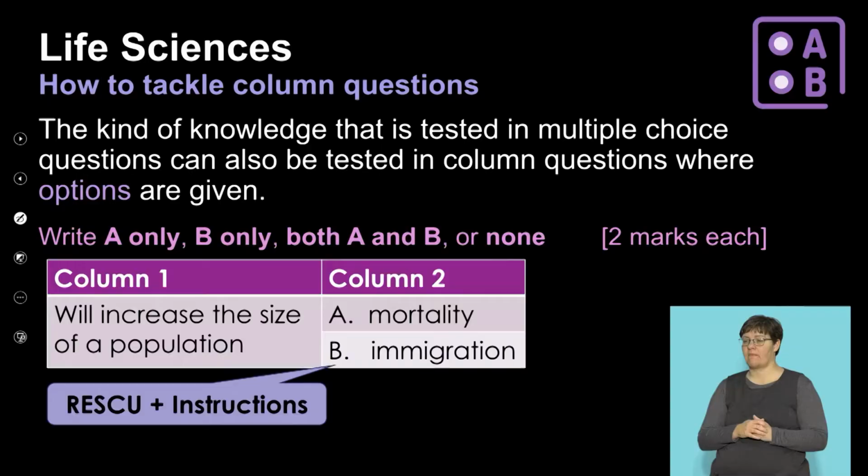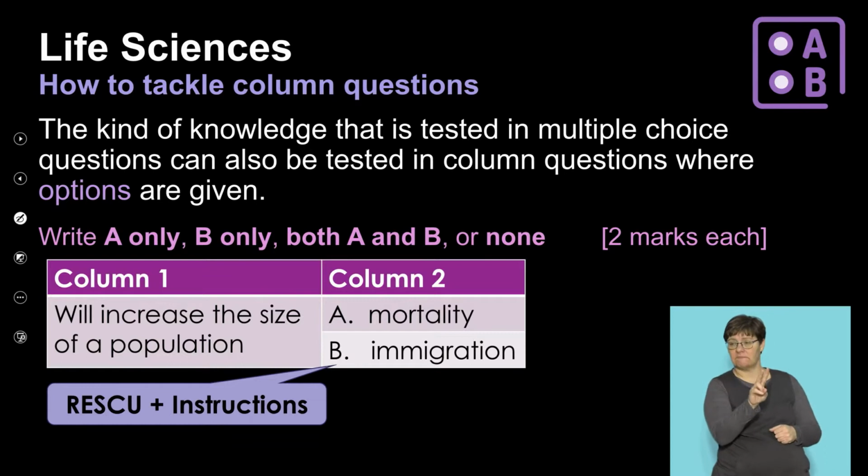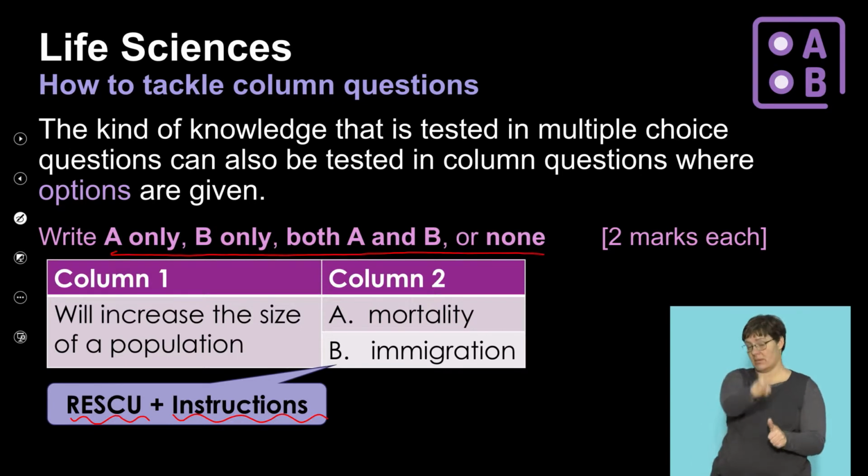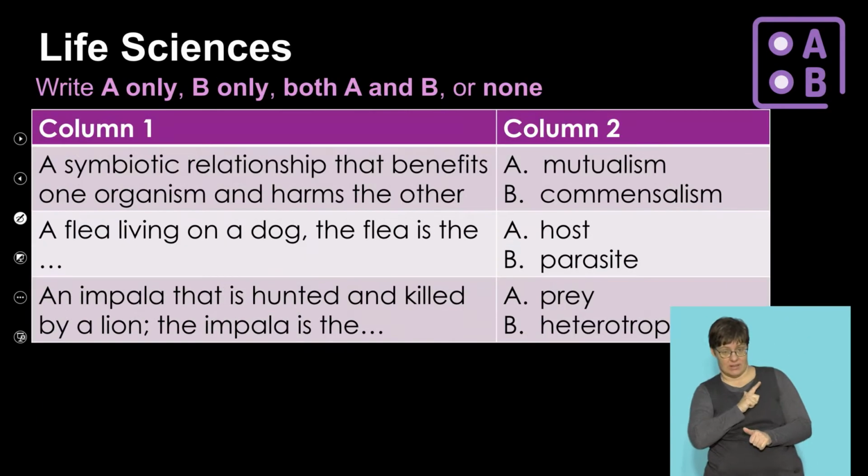So when you are looking at this kind of question, you apply the rescue strategy and you follow the instructions as I taught you in the last lesson. You make sure that you write the correct option down as you have been told in the instructions.